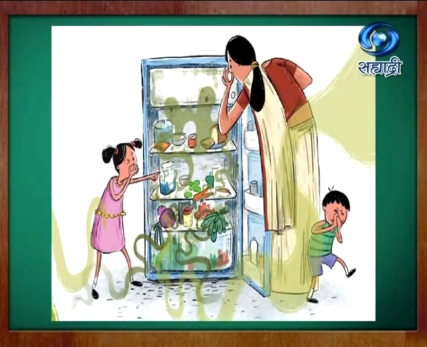Ma opens the fridge and she realizes that the food has gone bad because the fridge had stopped working. The milk, the bread, the eggs and the vegetables had gone so bad that Tara felt that she could never eat these things in her life again.